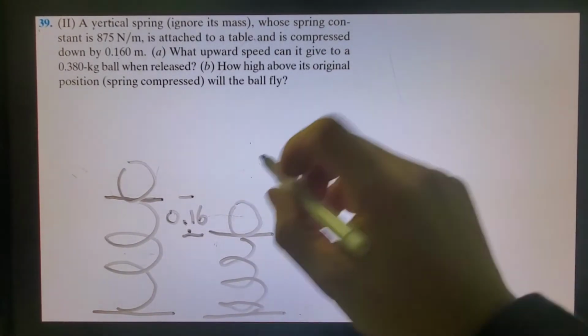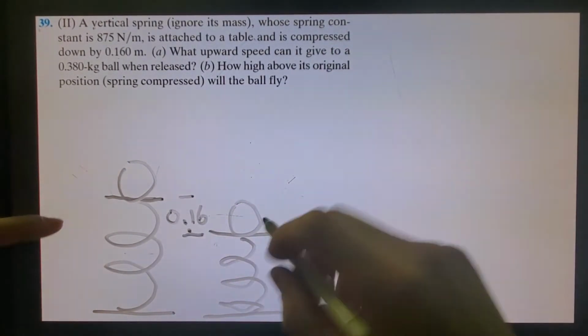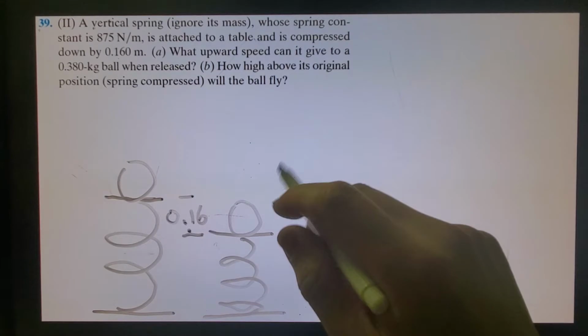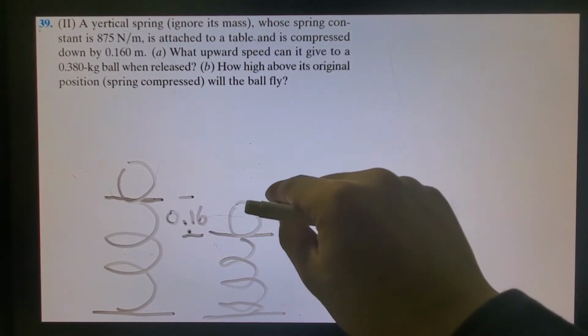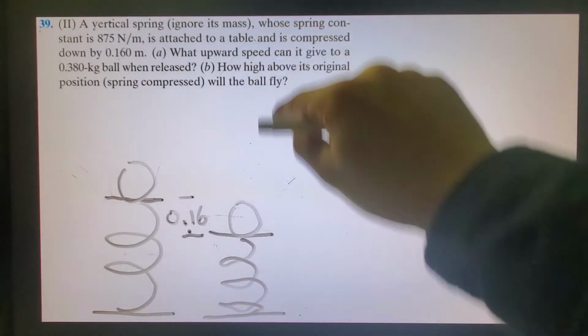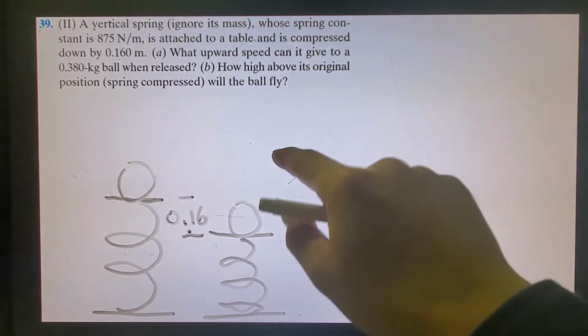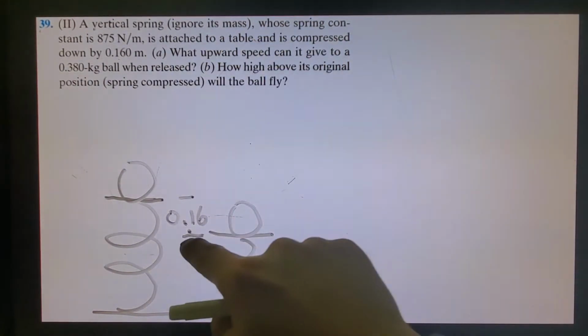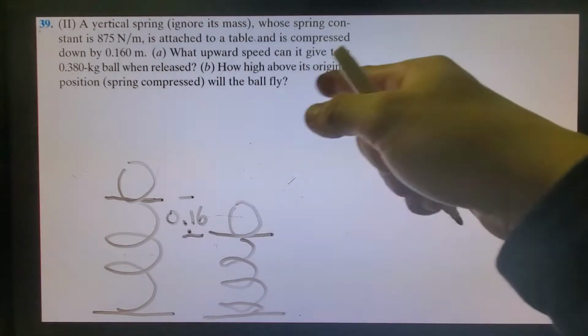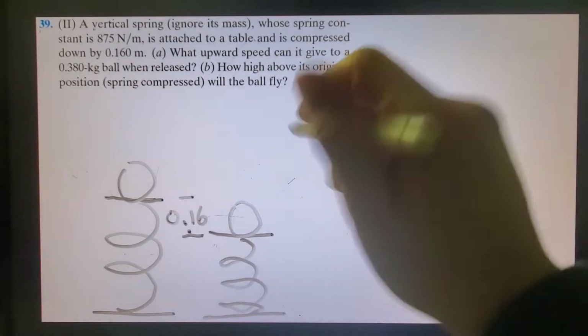First of all, let's make it simple. When the ball flies up, the height may be well above, much more than 0.16 meters, so we can ignore that.